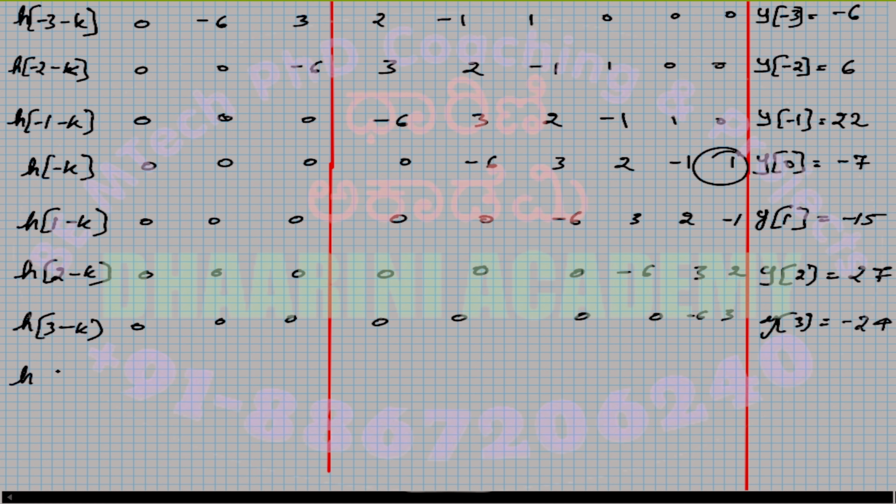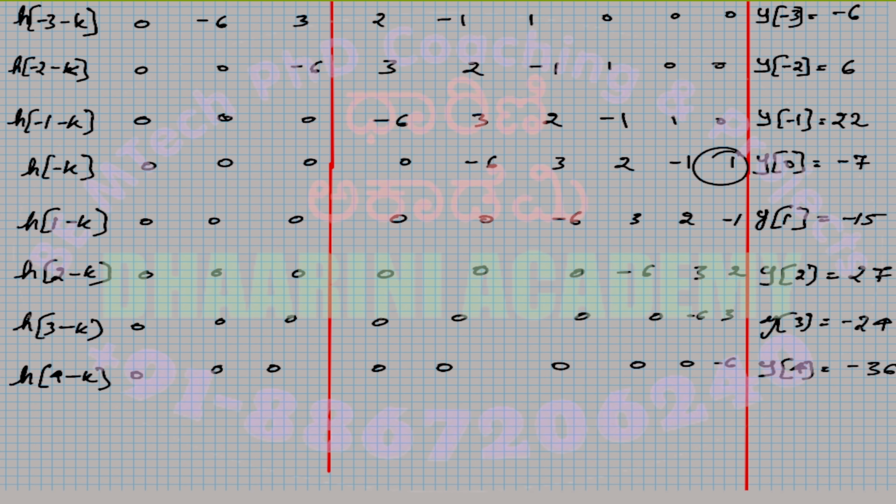Then we have h of 4 minus k as 6. So I get y of 4 equals to, okay, this is minus 36.